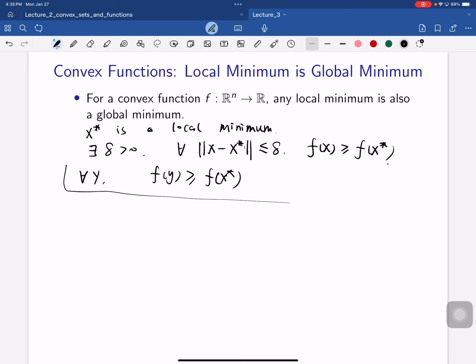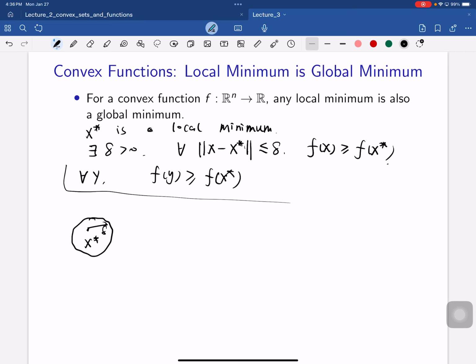And then the other property we have is that f is a convex function. So you could draw a picture, something like x star. When y is close enough to x star, let's say in this ball with radius delta, x star is a local minimum.